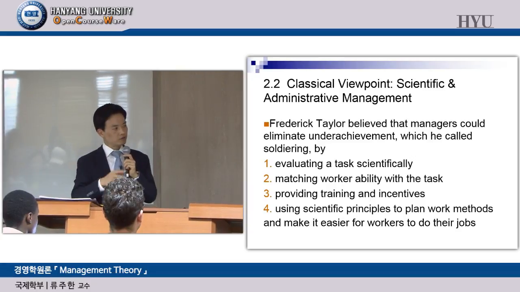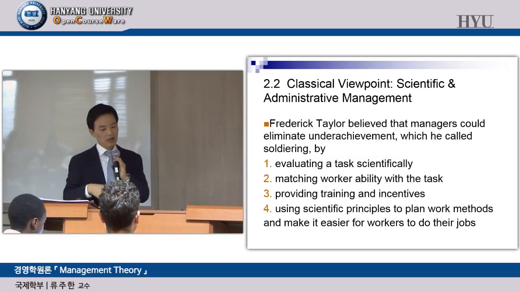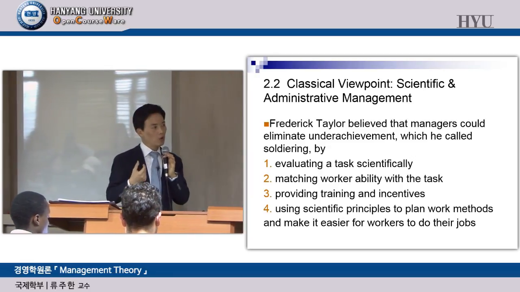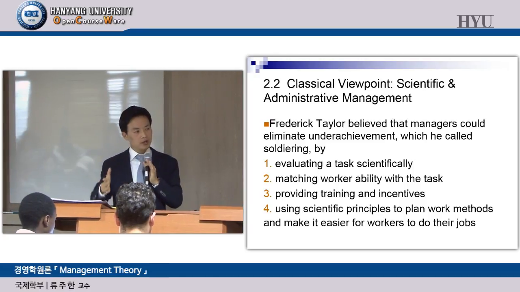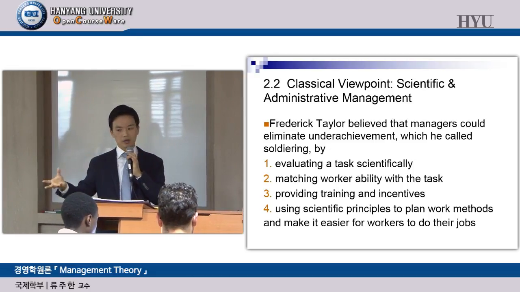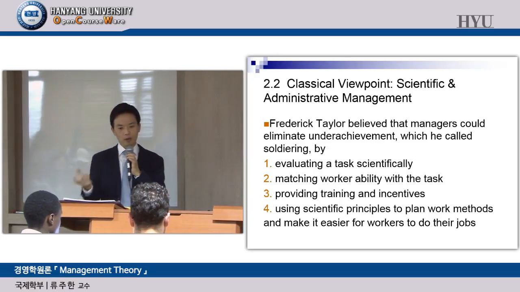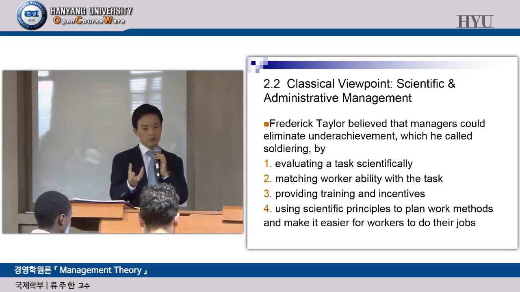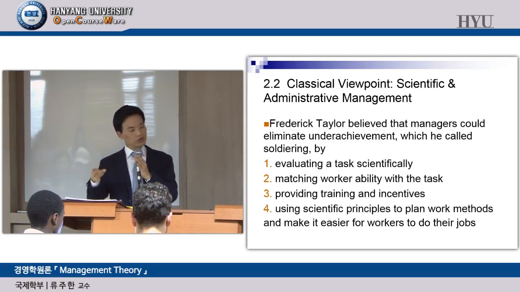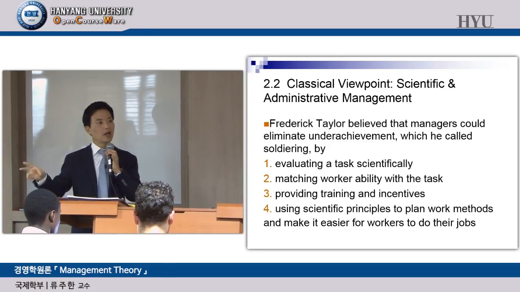He also figured out that if you follow that motion in that particular job for, say, one minute, then he could calculate how many products you can produce per minute, per hour, per day. Say you are working in a car company making a component, a tire or an engine, and he figured out the best posture for making that engine. If you master that posture for an hour or a day, then you can produce, say, 10 engines per day.